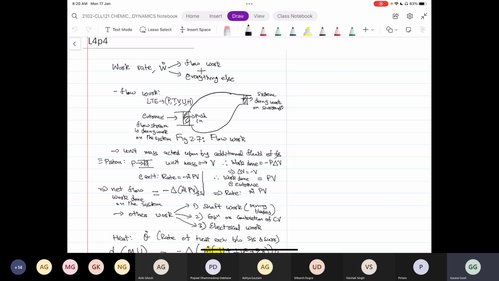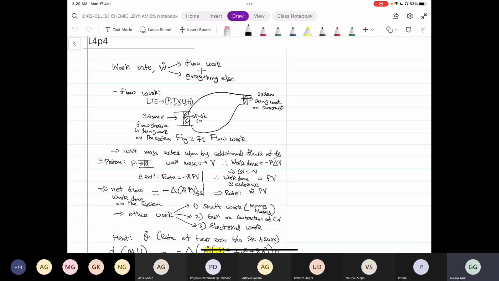So here I fix the mass. Let's say the mass was 1 kg, specific volume is V. Or if we are talking in terms of moles, here I have multiplied everything by m naught. If I was multiplying everything by n naught, then I would say I am using molar volume.